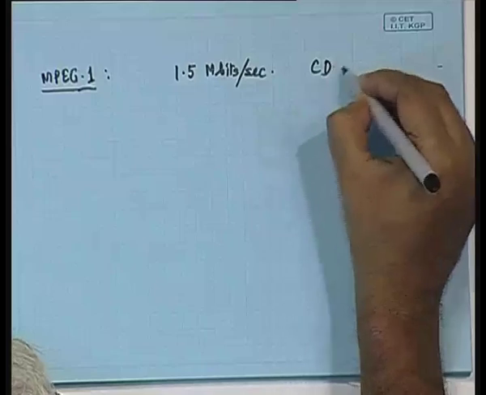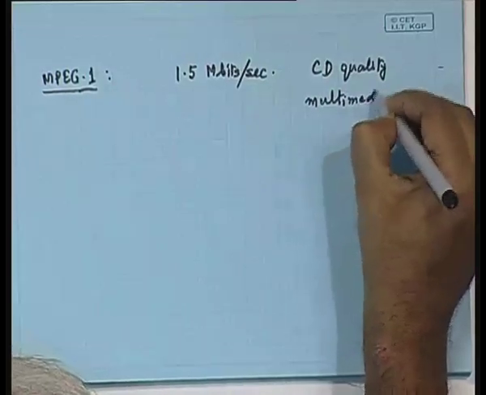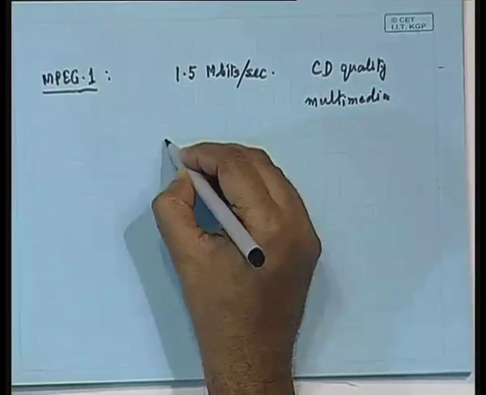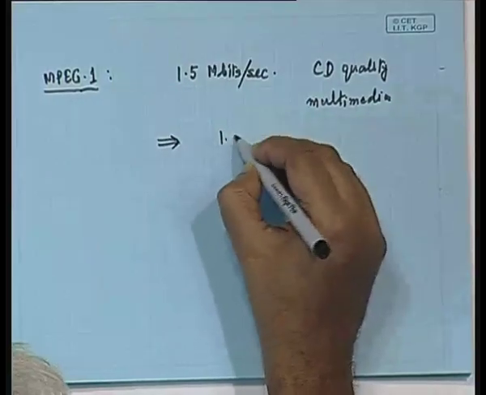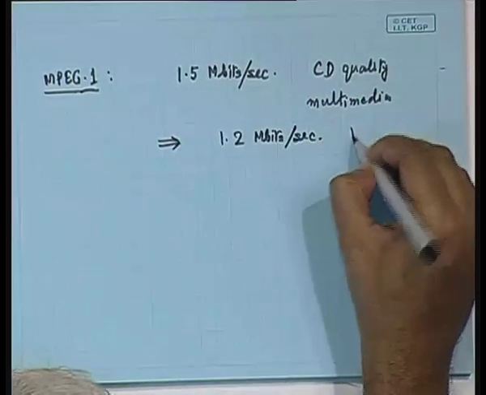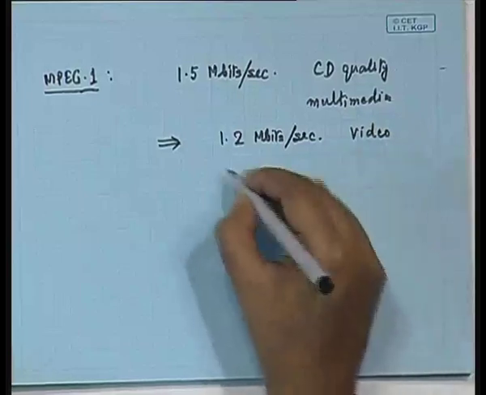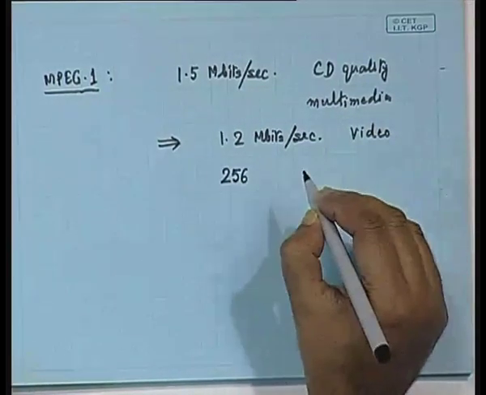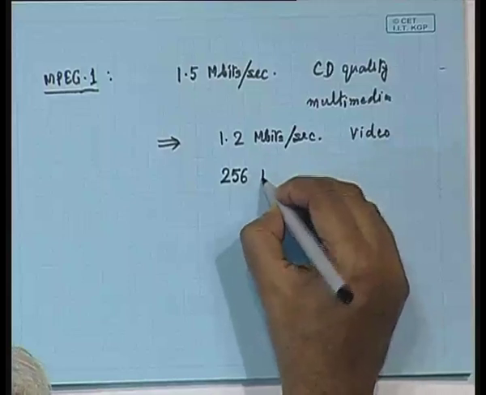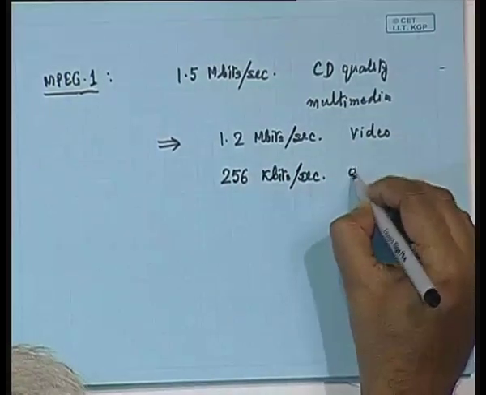So as the first standard we have the MPEG 1, and as you know MPEG 1 is designed for the CD quality multimedia storage at a bit rate of 1.5 megabits per second. So this is for CD quality multimedia, video as well as audio, that should be stored at 1.5 megabits per second, and out of this 1.5 megabits per second, 1.2 megabits per second according to the standard is allocated to the video, and the rest, roughly 300 kilobits per second, to be very precise, leaving aside the synchronization bit requirements and the header information that goes into the packet, payload wise we get 256 kilobits per second for the audio.